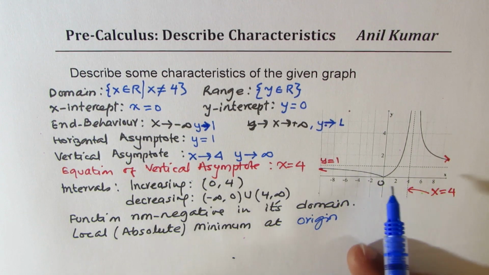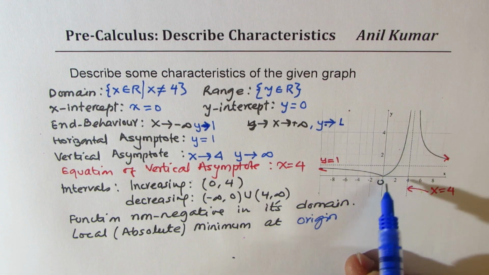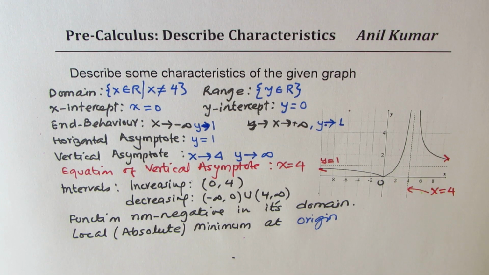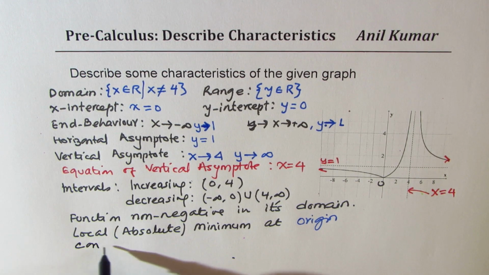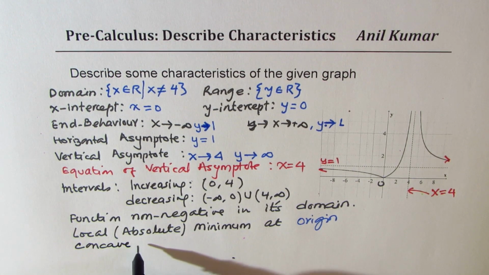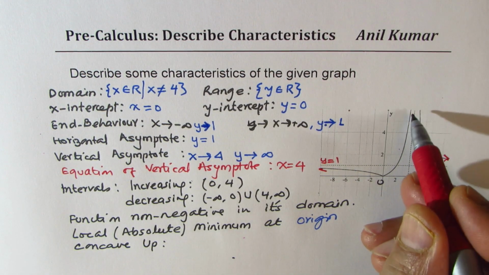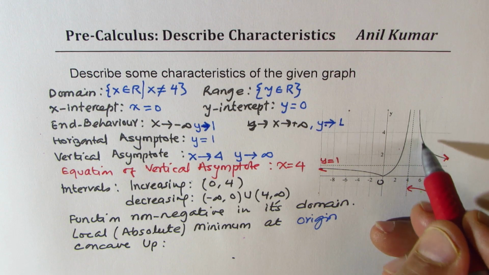Now, in this particular graph, as far as concavity is concerned, let's look into that part. We'll consider concave up in the interval from 0 to 4 and also from 4 to infinity, right?